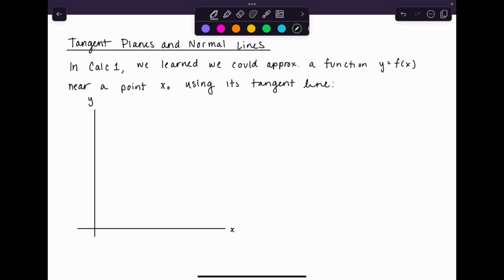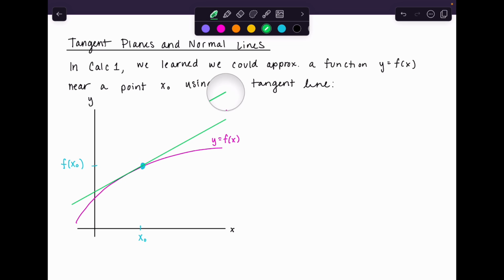Here is our function. I don't know, maybe it does something like this. And if I want to approximate this particular function value, which has some x value associated to it, the y value would be plugging it into the function. What I can do is I can use the tangent line at that point.